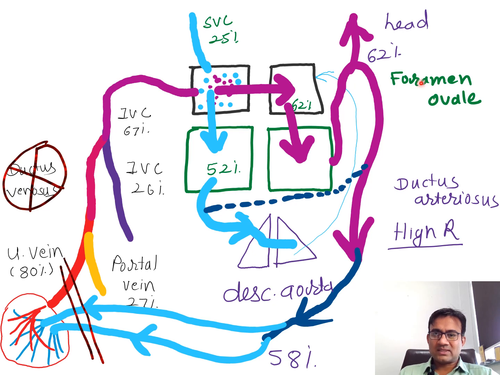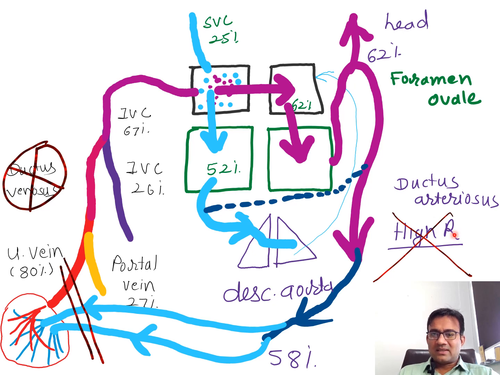See here, by the time the ductus venosus is closed, the amount of blood coming in is less. So the right atrial pressure, see, the red dot, is going to decrease. That is one thing which is going to occur, and along with that, what is going to occur?